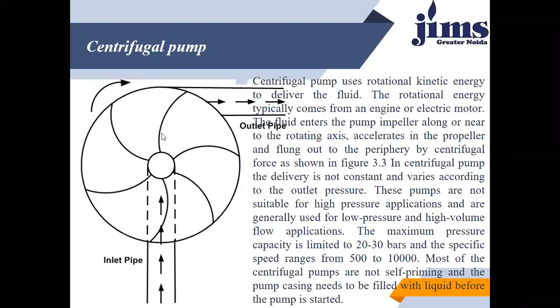Centrifugal means away from the center. तो ये सेंटर की तरफ तो आता है, उसके एक्सिस की तरफ तो आता है, बट ये क्या करता है, एक्सिस से अपने से दूर फेंकता है पानी को इंपेलर में टकरा करके, और दूर फेंकने के चलते उसकी क्या होती है, वेलोसिटी एक्सेलरेट हो जाती है. ओके, वो रोटेटिंग एक्सिस से एक्सेलरेट हो जाता है प्रोपेलर में, and then due to the discharge from the impeller at various angles, it is having a good pressure, and that pressure we absorb into the outlet pipe.